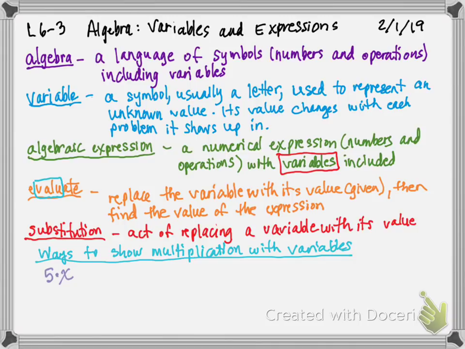So that's 5 times x. I can show it with parentheses, so 5 parentheses x. So when I have a number that butts up to parentheses, that's multiplication. So that also means 5 times x. And then I could just put 5 next to x. That means 5 times x.